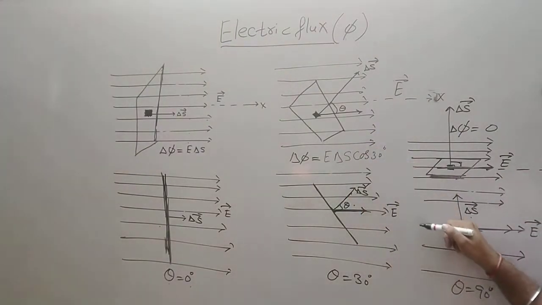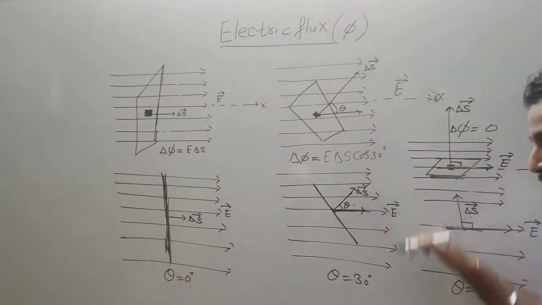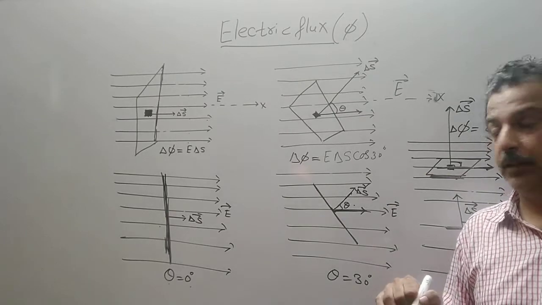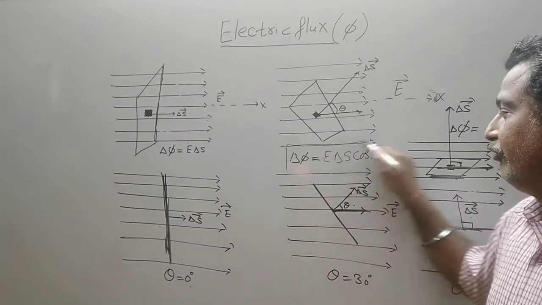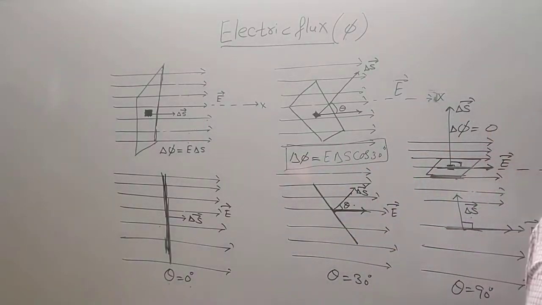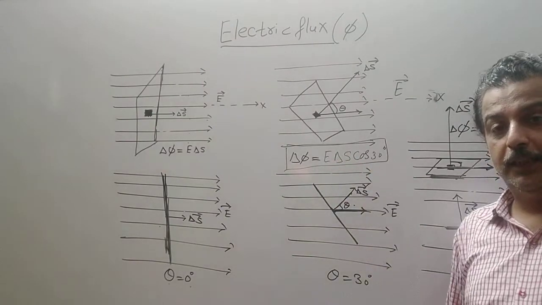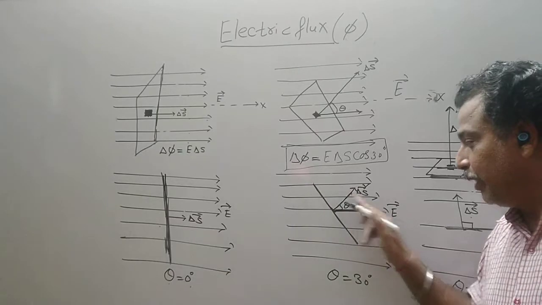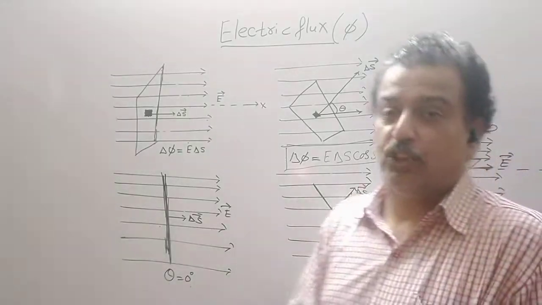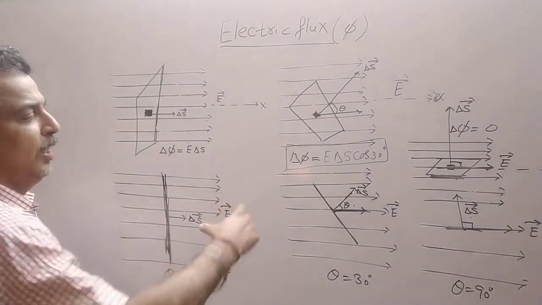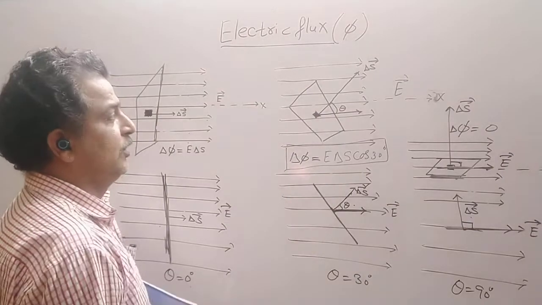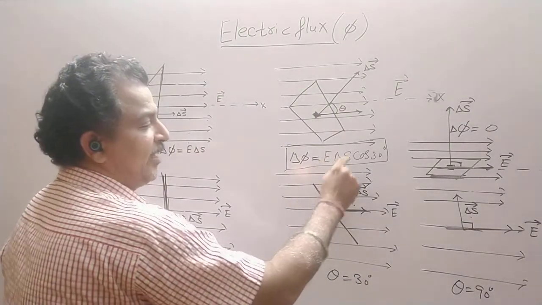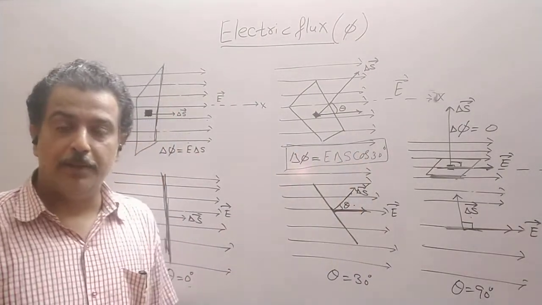If I take 60 degrees, then the number of field lines will further decrease. So the electric flux depends on E vector, S vector and the angle between these two vectors, and so our general formula for the electric flux becomes E delta S cos theta.